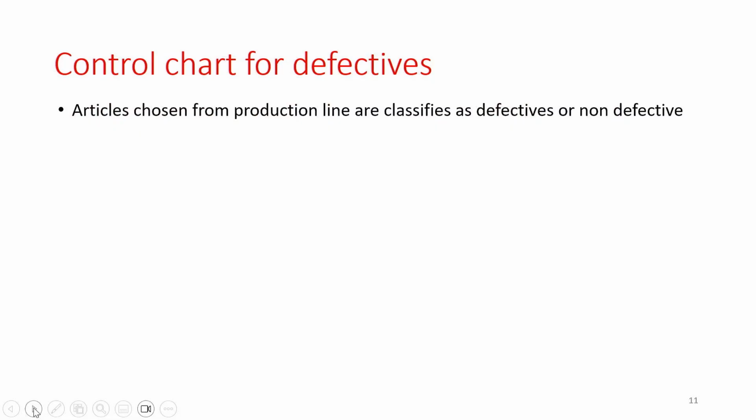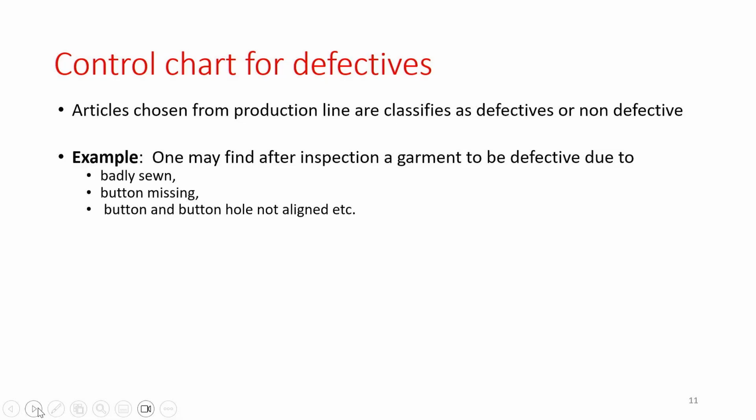Articles chosen from a production line are classified as defective or non-defective. Two-way classification we can make. Some are defective, some are non-defective. Sometimes some defectives are repairable, so we classify them separately, as there is some possibility to repair them. That is a different issue. Otherwise, we can have two categories: defective items and non-defective items.